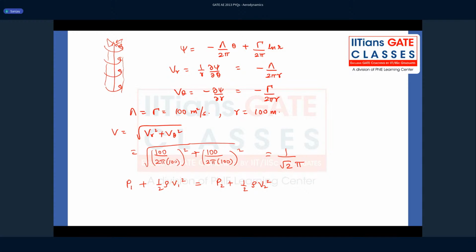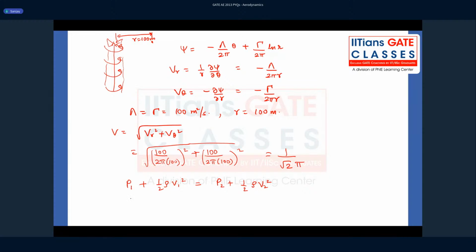Okay. So let's assume 2 points. The first point is at r equal to 100 meters from the storm eye, and let the second point be an arbitrary point. You can choose the point wherever you want. So let's choose that point to be at infinity.